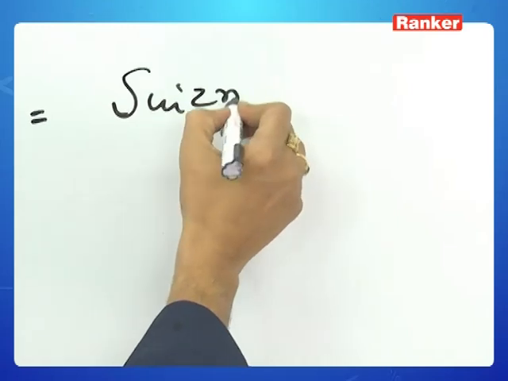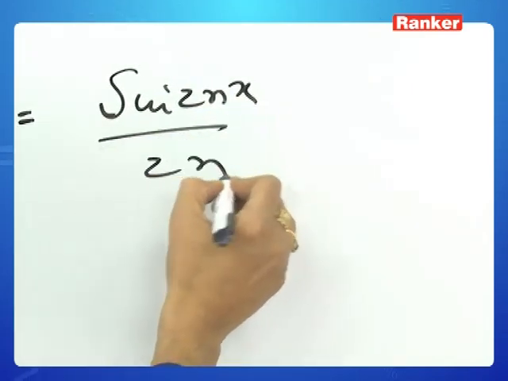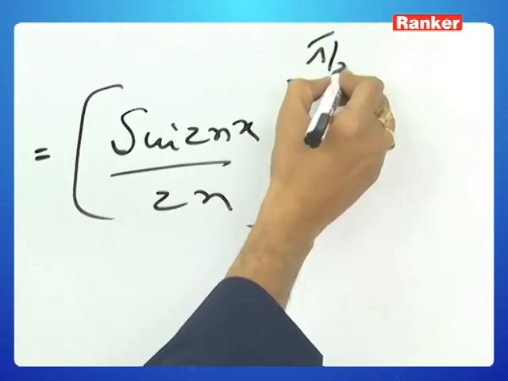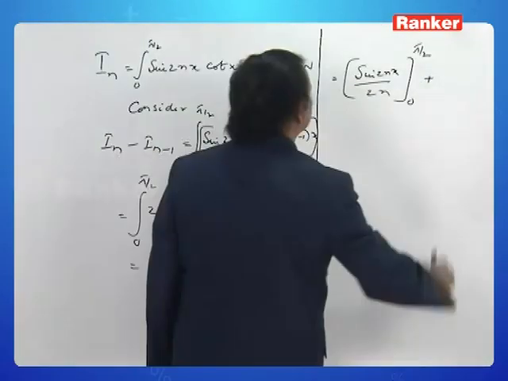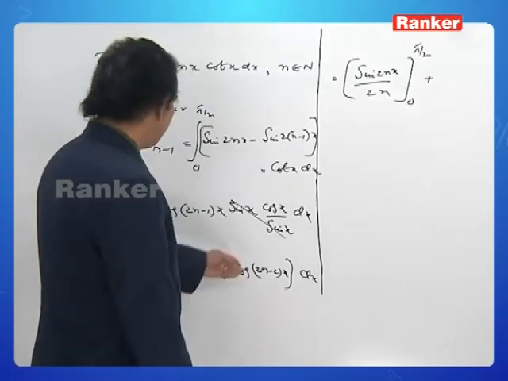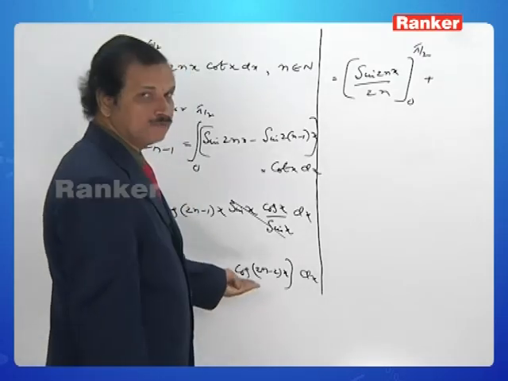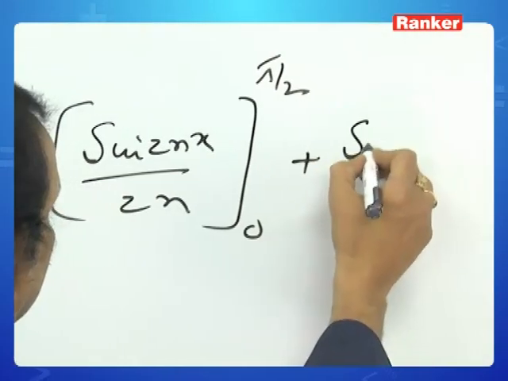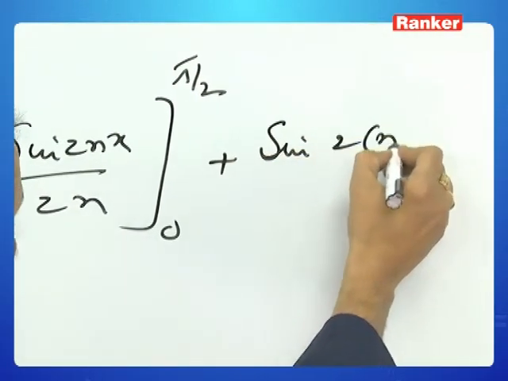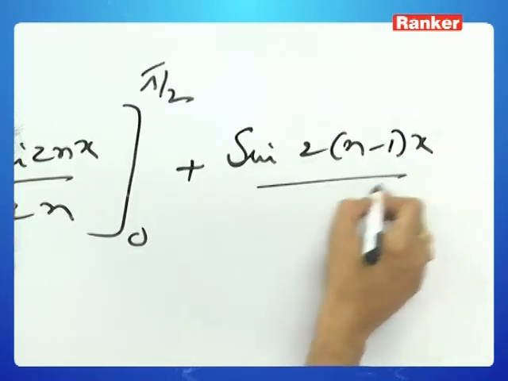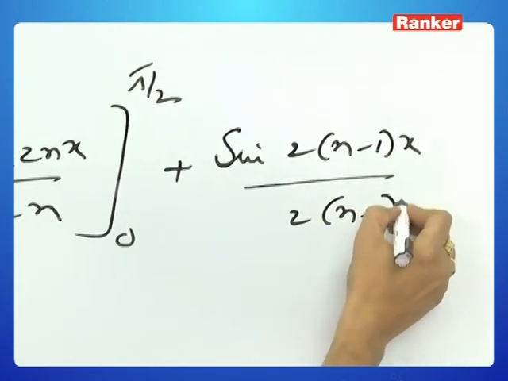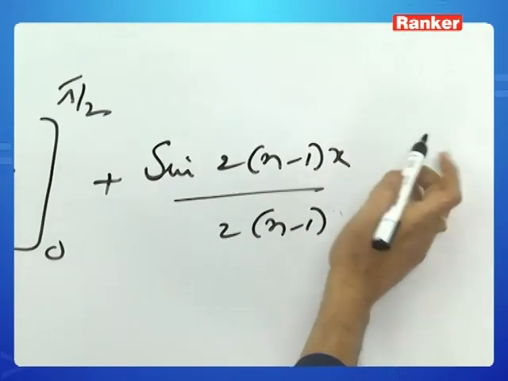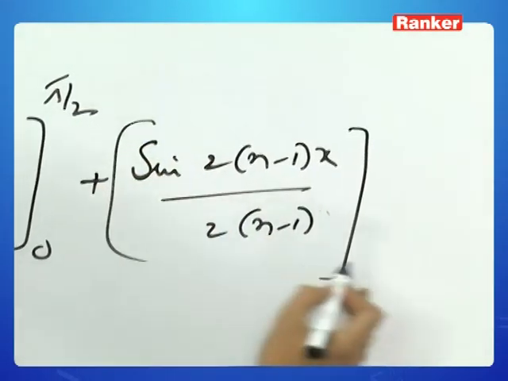Sin 2nx by 2n between the limits 0 to pi by 2, plus here cos of 2n minus 2 into x. What is its integral? Sin of 2 into n minus 1 x by 2 into n minus 1, between the limits 0 to pi by 2.